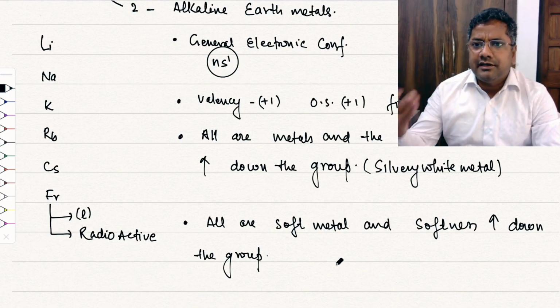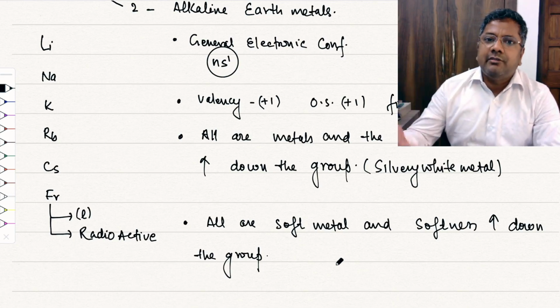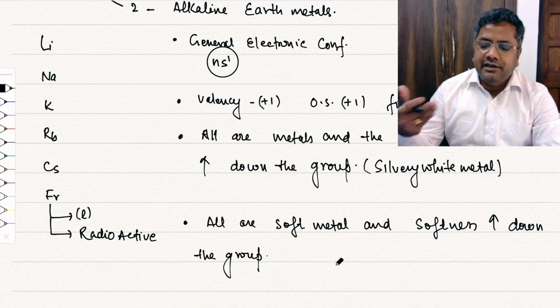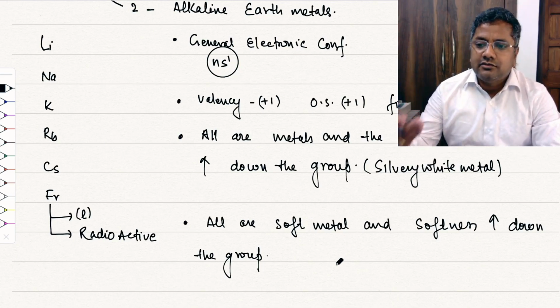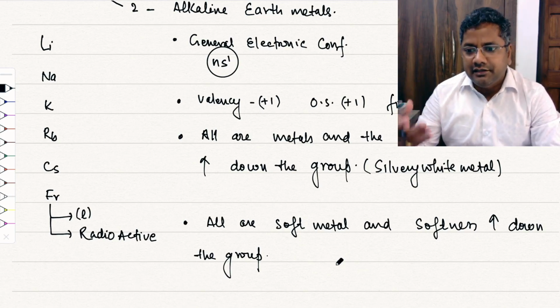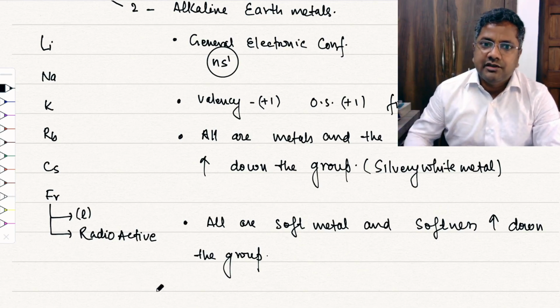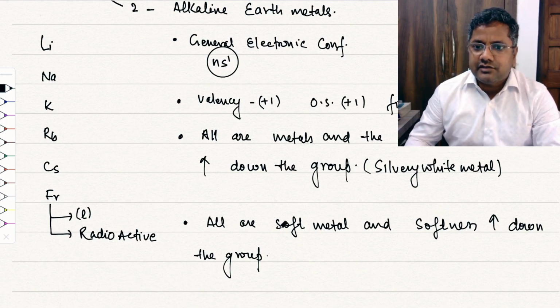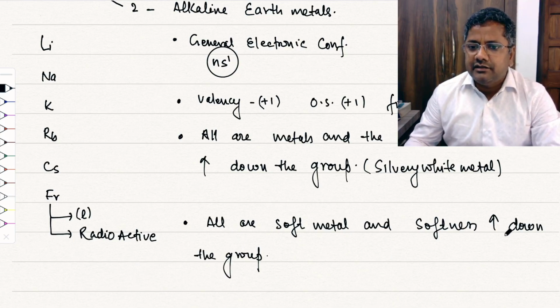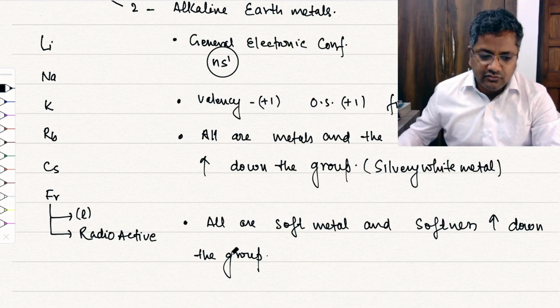Although if subshell is complete like zinc, cadmium and mercury, if d subshell is complete, because all have d10 configuration, so they have least interatomic interaction, therefore they are soft metal and even liquid at room temperature. So all these are soft metals, and the softness increases down the group, right?